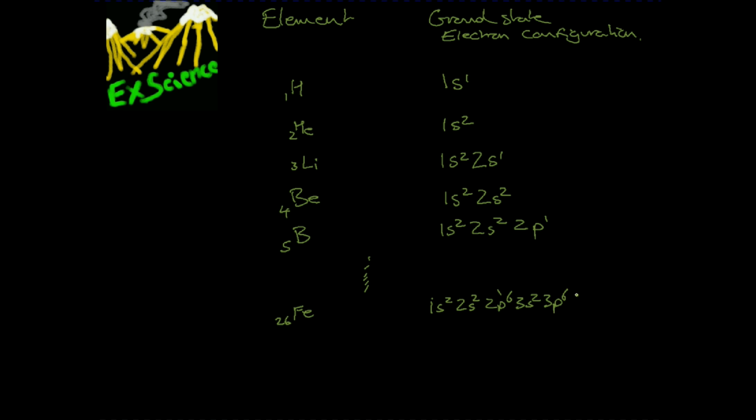Because the 3d and 4s are inverted, the next one is the 4s2, and 3d6. So 2, 4, 10, 12, 18, 20, 26.